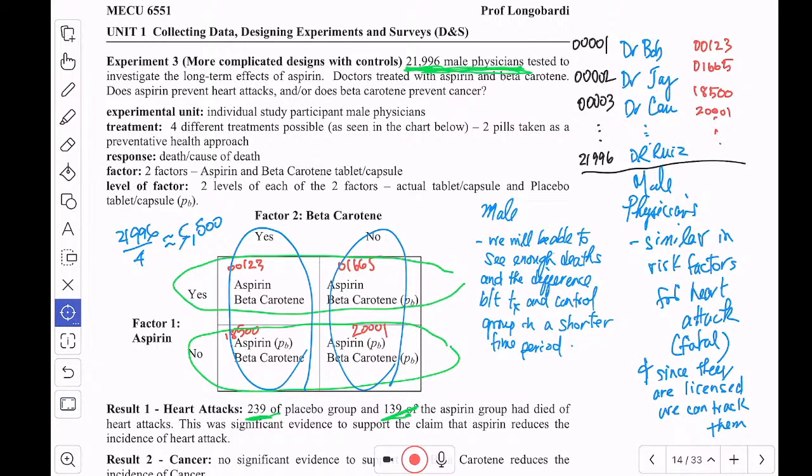I kind of think they would have had to stop it because they have to rule out the effect of beta carotene. They had to be able to say that there was no differences in the beta carotene, so that then they could say that didn't influence the aspirin results, something like that. That's my intuition.